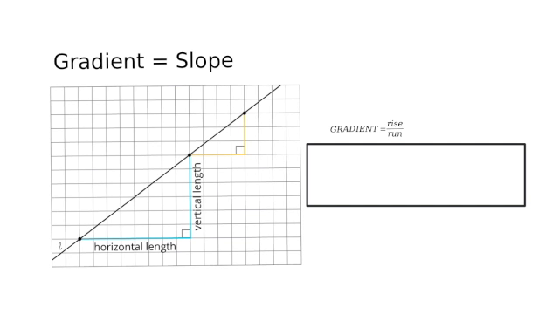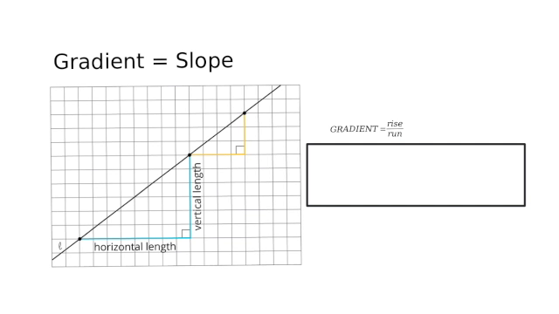So we realized that if we have this ratio of rise, which is that vertical length here, over run, which is that horizontal length here, the ratio is always the same, no matter whether we take these 2 points on that line with this triangle or these 2 points on the line with this triangle here.